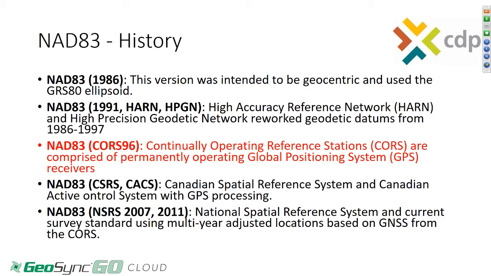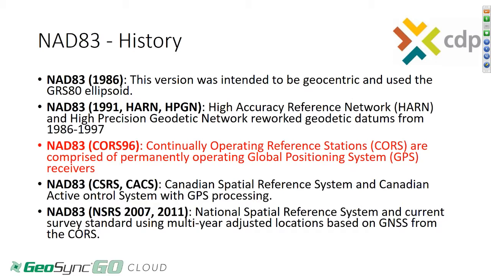So from the beginning to when we get to CORS96, the center of that ellipsoid on NAD83 shifted around some in order to get a better representation for the North American continent. And then since that time, the coordinate system has continued to be adjusted as there's better correction, better surveying to monuments.